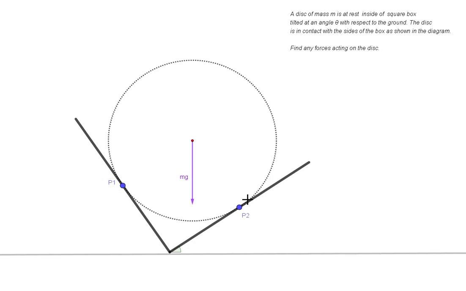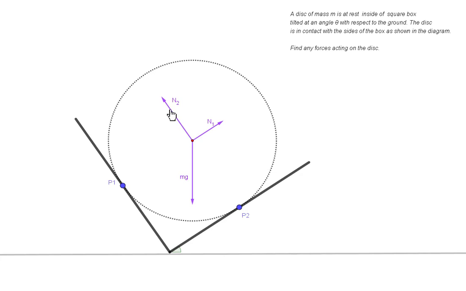And we know, for example, that the disk will be pushing on the box. It will be pushing on P2 in this direction, and the box will be pushing back with an equal magnitude in the opposite direction. This is just Newton's third law. For every force, there's an equal and opposite force. So now we add two new force vectors. Let's label them N1 and N2, and we'll add that to this point here.